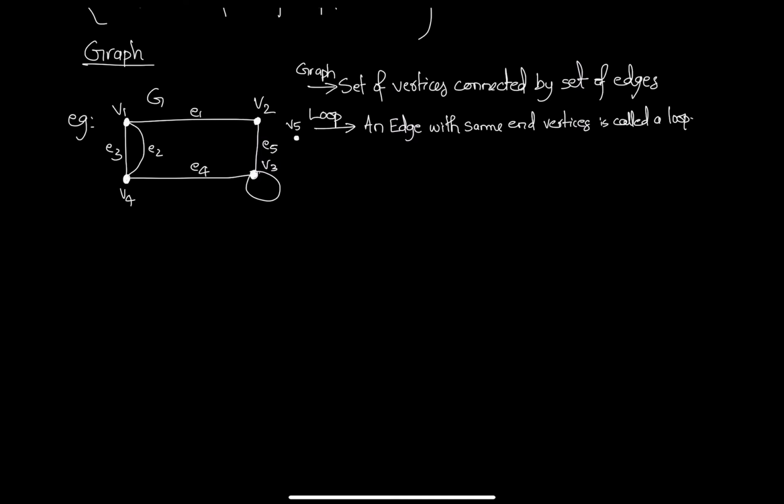So basically E6 is a loop. Example for a loop is E6 with end vertex V3.